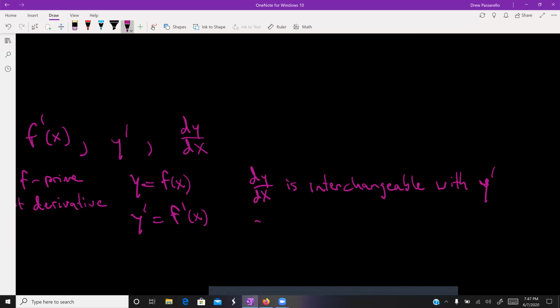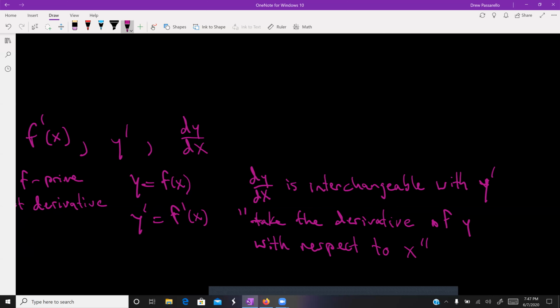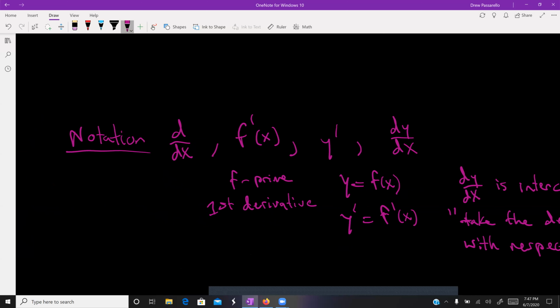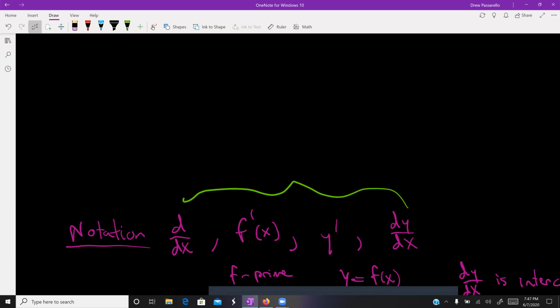It means take the derivative of y with respect to x. That's what it means. All of these four notations are operators for taking the derivative.